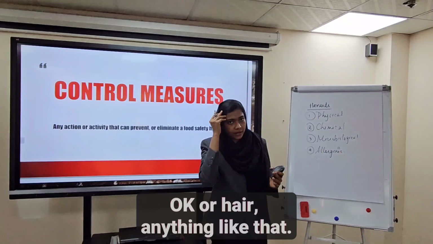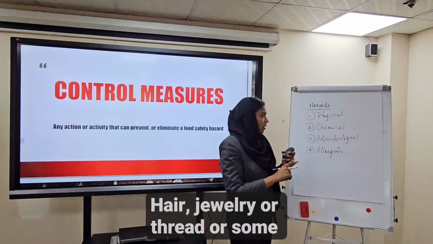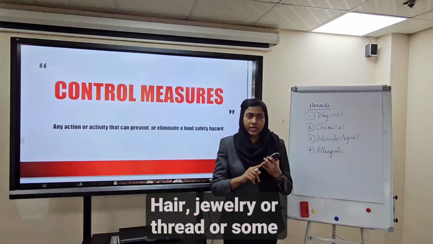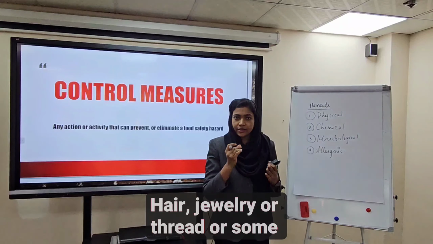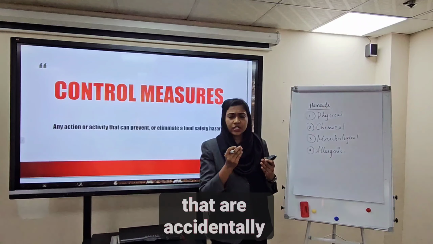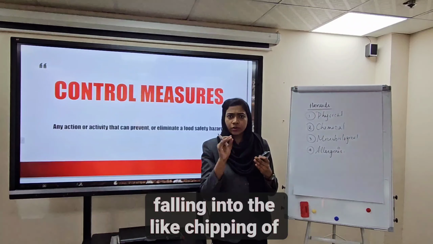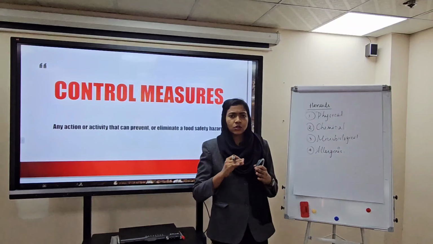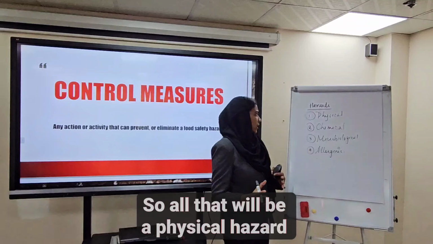Okay? Or hair, jewelry or thread or some small pieces that are accidentally falling in, like chipping off your bucket or some vessels. So all that will be a physical hazard.